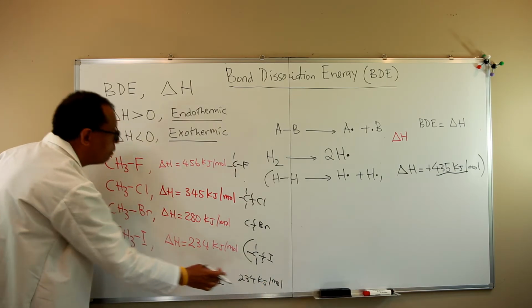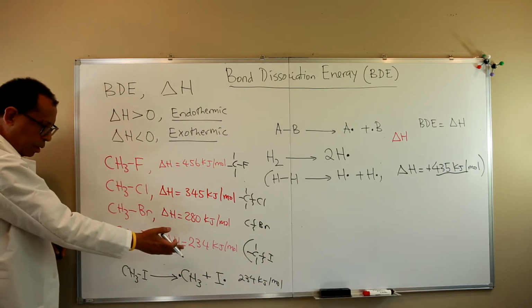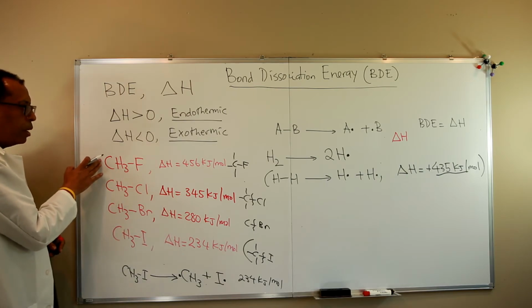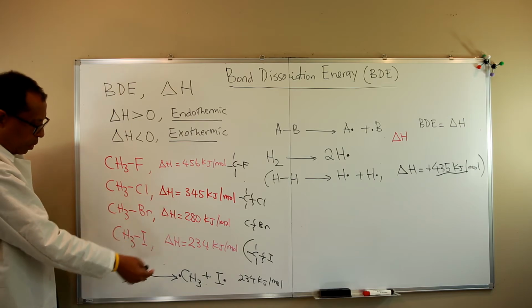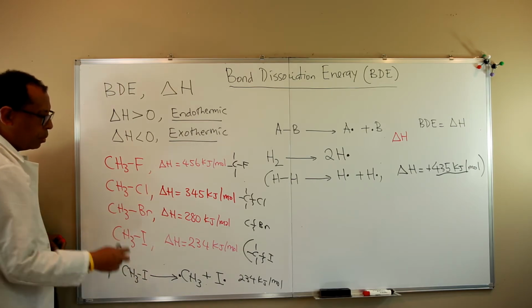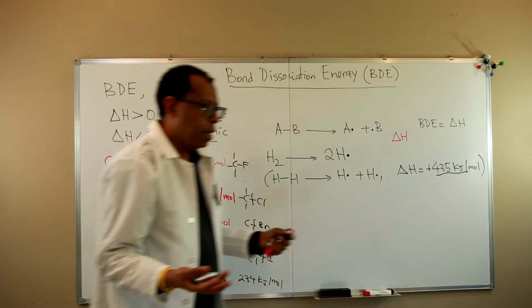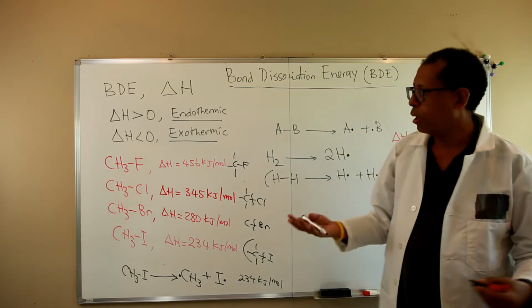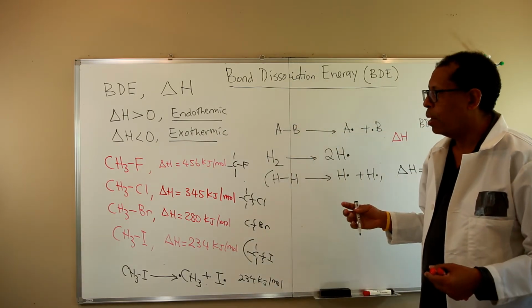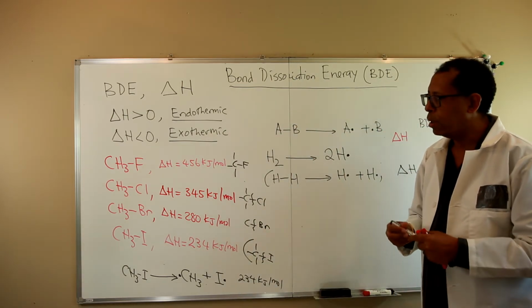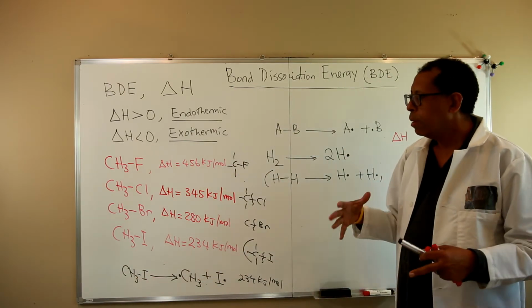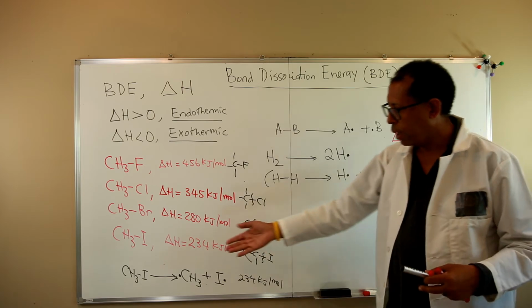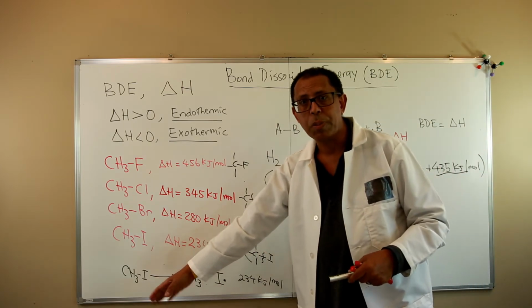Still, it's positive, meaning that you have to put in that much energy, but the fluorine one needs much more energy than the carbon-iodine bond. So if in an exam you are asked which one has the lowest bond dissociation energy, it is carbon-iodine. There are reasons why that is easier to break.